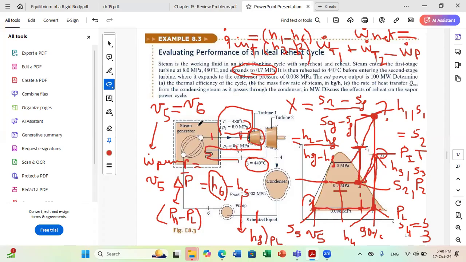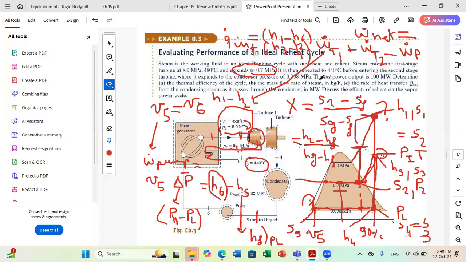So H1 is larger than H6 and H3 is larger than H2. However, in the turbine, it's the opposite. I produce work, I lose energy. So W dot turbine 1 is H at inlet, which is H1, minus H at outlet of the first stage turbine, which is H2.